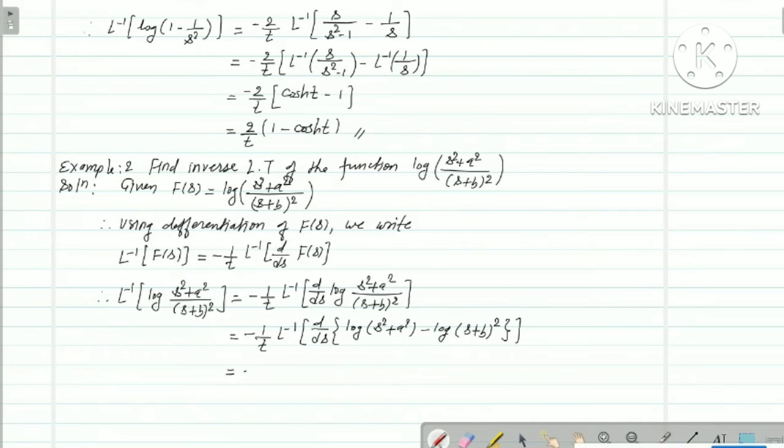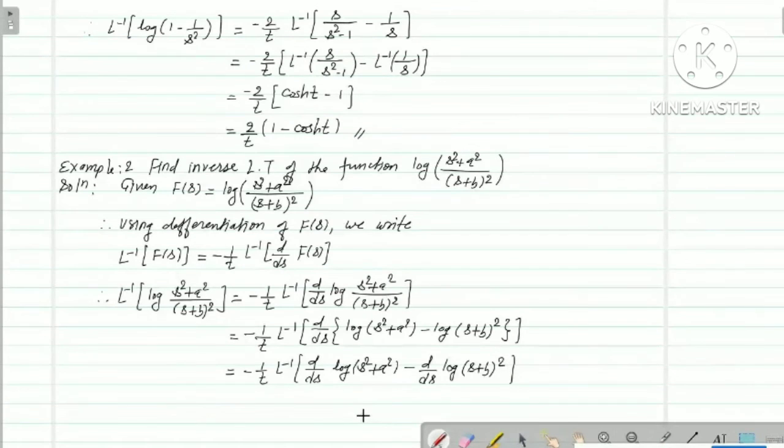This equals negative of 1 by t L inverse of, just differentiate this: d by ds log of s square plus a square, minus d by ds log of s plus b the whole square. Okay, close the bracket.